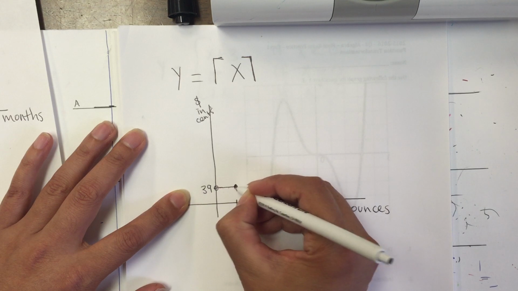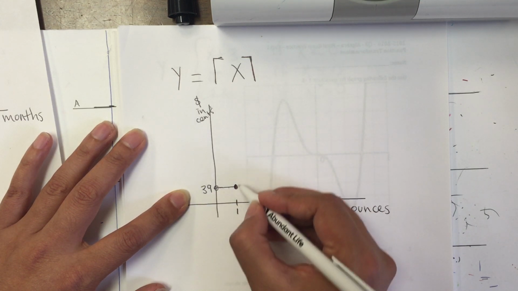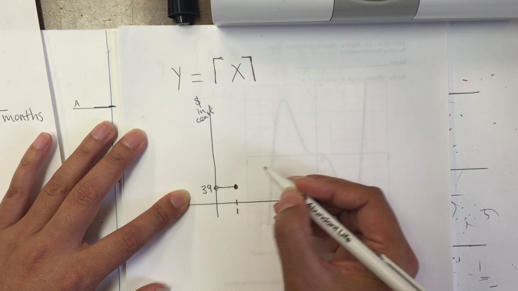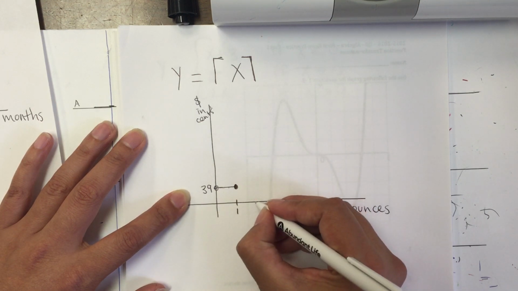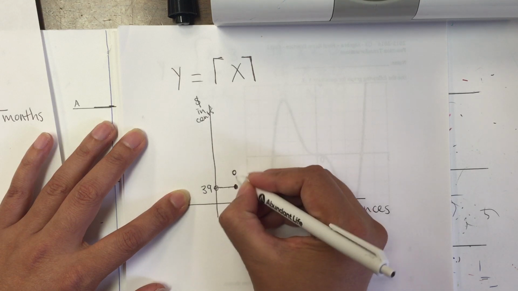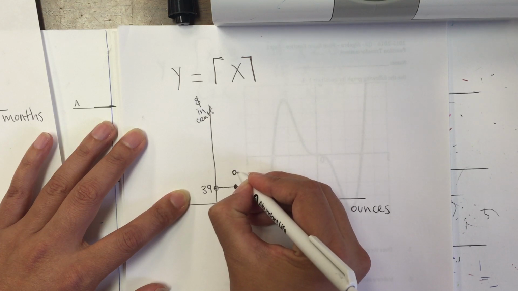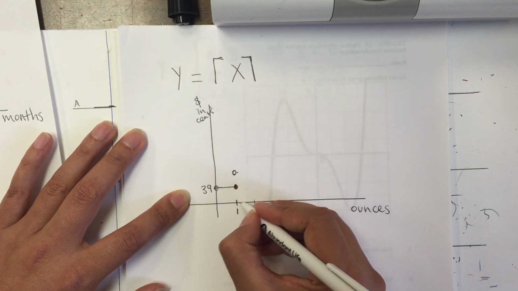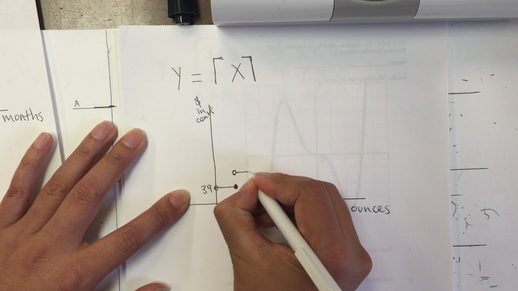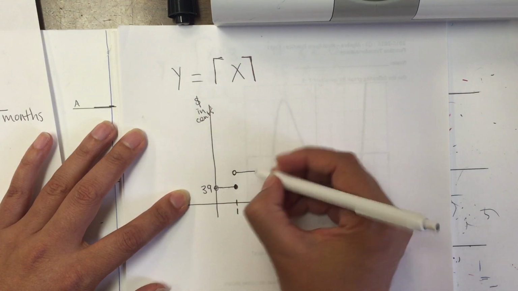Okay. And then let's say that it goes a little bit over. At 1 ounce, you still pay the 39 cents. But as soon as you get a little bit over an ounce, like 1.1, you pay for the next ounce, as if you're paying for 2 ounces.